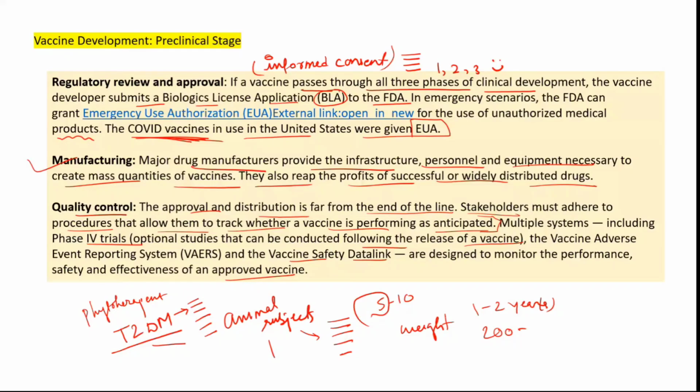So you will be explaining to them in their own local language, and you will be mentioning every detail. And also the human subjects are free to withdraw at any point of time. They basically have the right to withdraw.